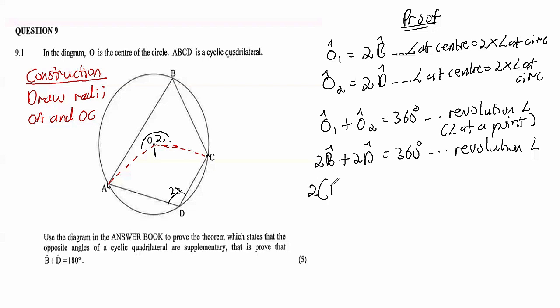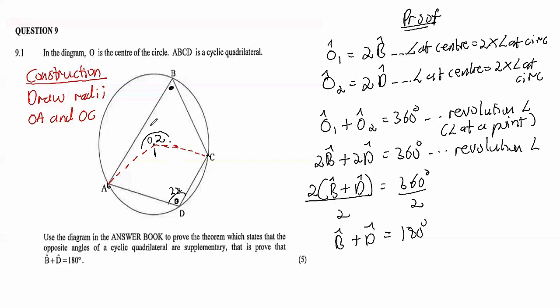We factor out the 2, we'll have 2 times angle B plus angle D is equal to 360. We want the value of angle B plus angle D. Let's divide both sides by 2. Then that means angle B plus angle D will have to give us 180 degrees.